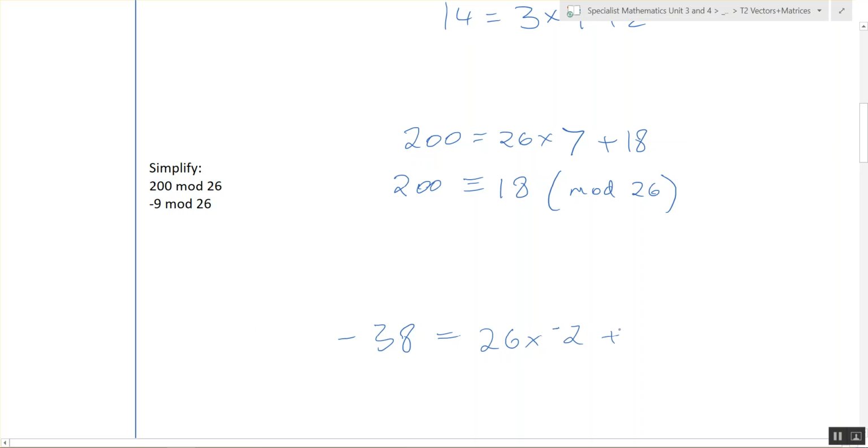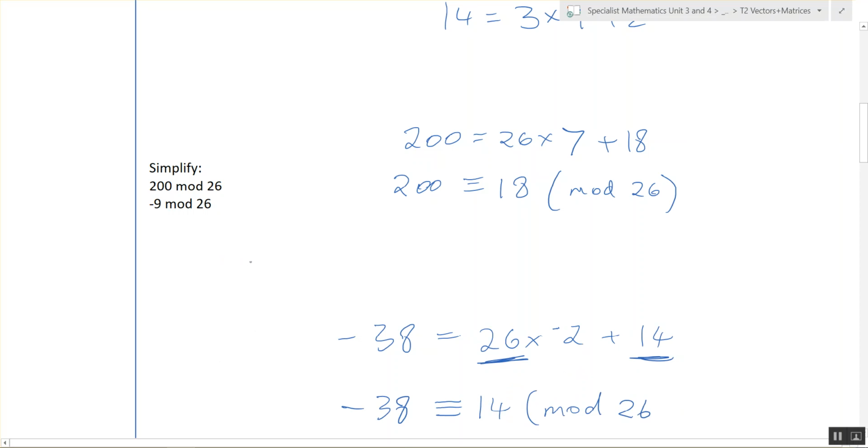And the remainder is still positive, because it needs to be more than this number. So what's the positive remainder? Negative 26 times 2 is negative 52, yes? Plus 14. So this is still positive. You've just changed this to a negative. Okay?